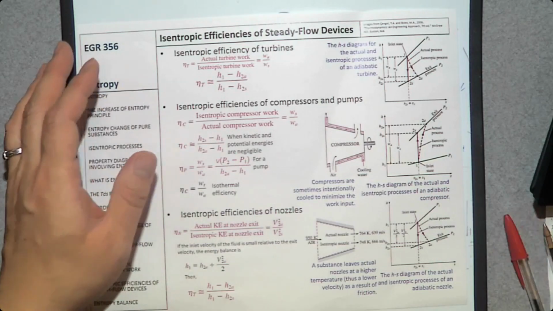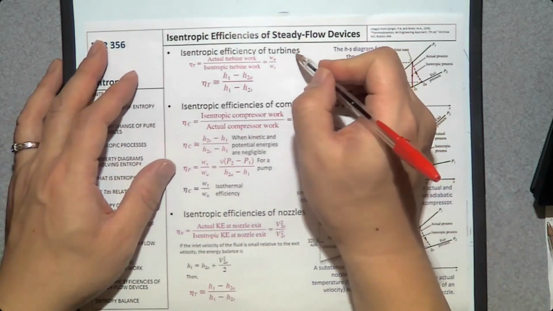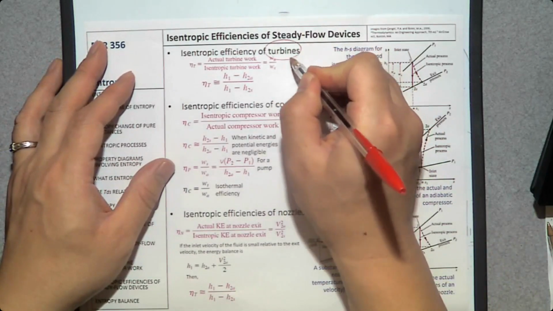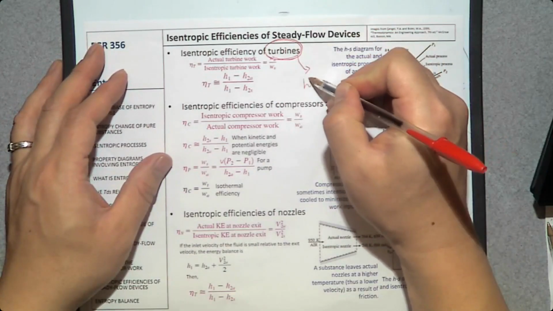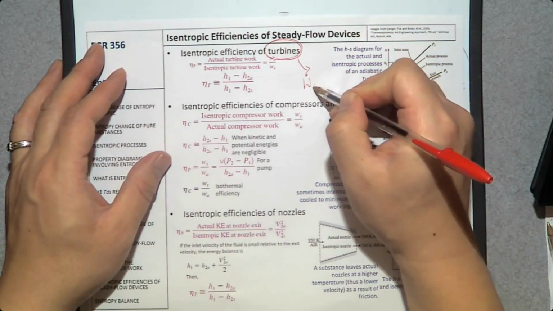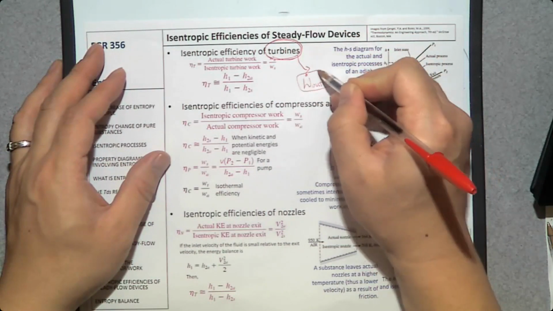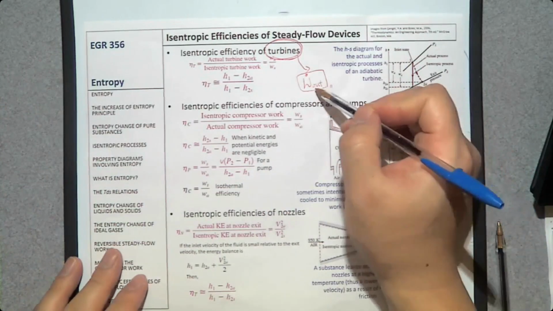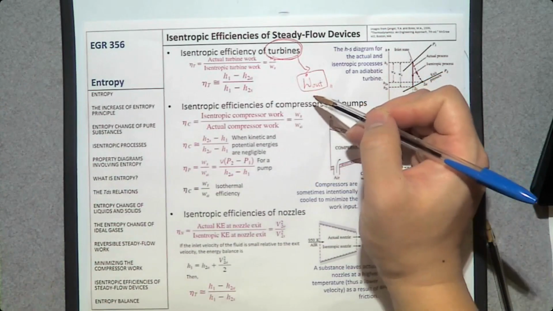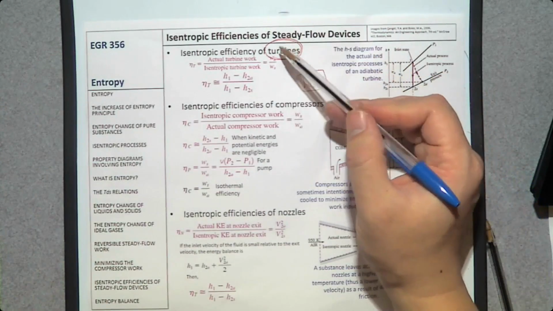For example, if we want to evaluate the isentropic efficiency of a turbine that produces power, W dot out, you can calculate this power assuming that this is an ideal turbine which is reversible, and you can also calculate this power for the actual turbine.